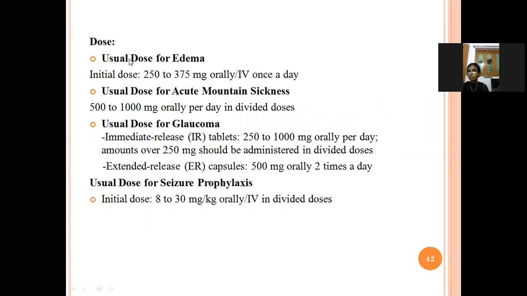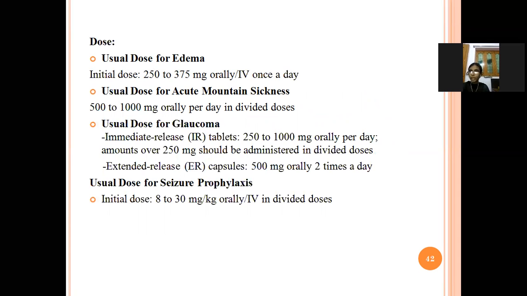So the usual dose for edema is 250 to 375 mg, by the oral route or the intravenous route, and also for the treatment of acute mountain sickness. Means the person who is climbing the mountain may get vomiting, headache, a feeling of tiredness, or shortness of breath.